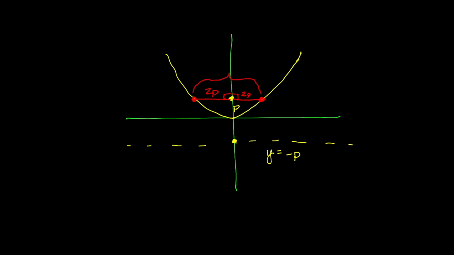From this endpoint to this endpoint, this is called our latus, L-A-T-U-S, rectum. And that's why I said this is kind of a funny name. But this distance from here to here is called the latus rectum.